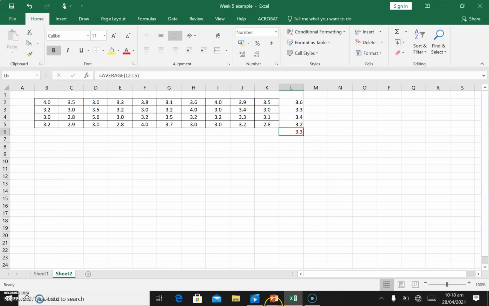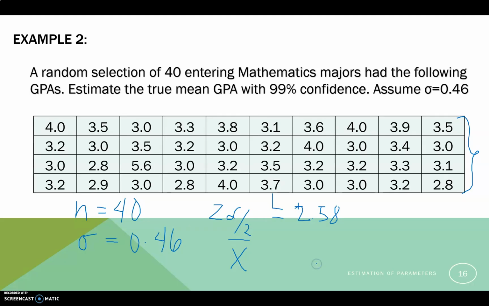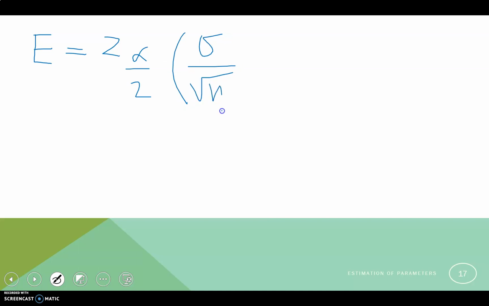Okay, let's go back now to our presentation. So now we have our sample mean nga 3.3. So let's proceed to our solution. Going back, i-solve nato ang iyahang error. So ang error is given by the formula z alpha over 2 times the population standard deviation over square root of n.